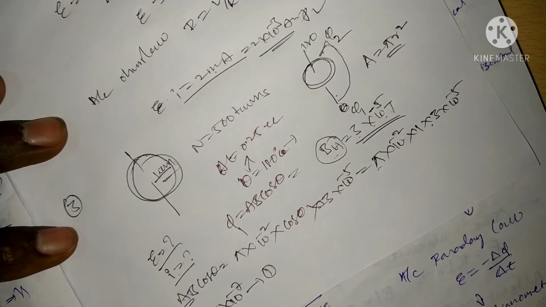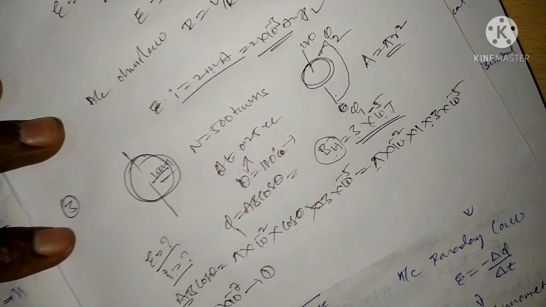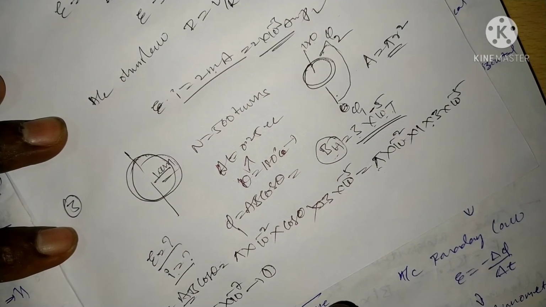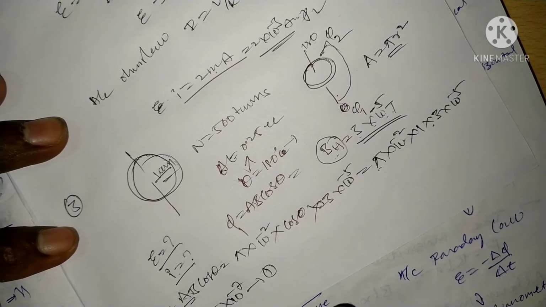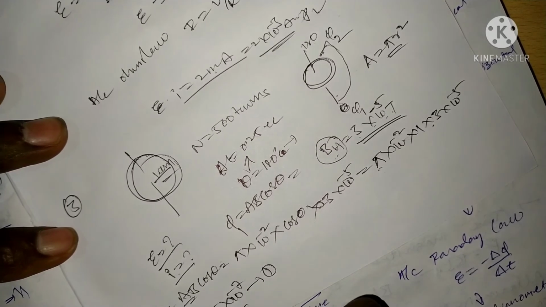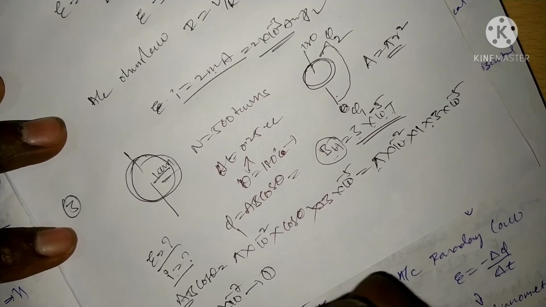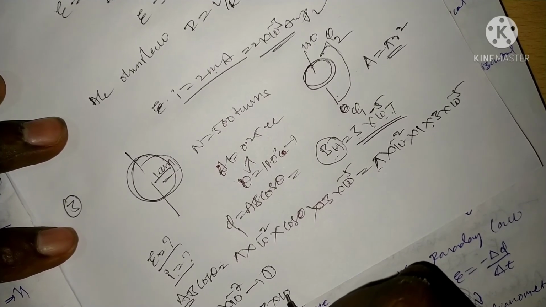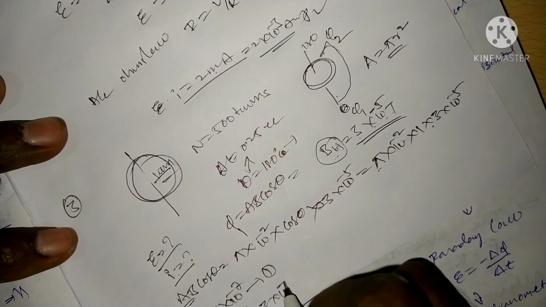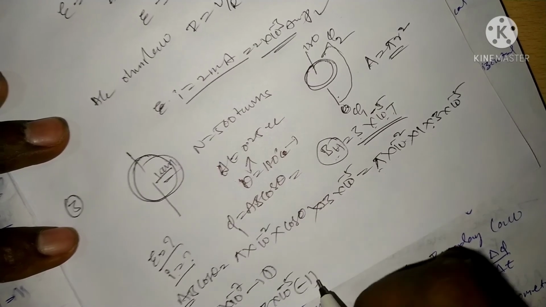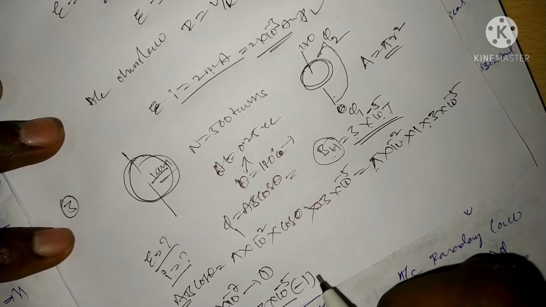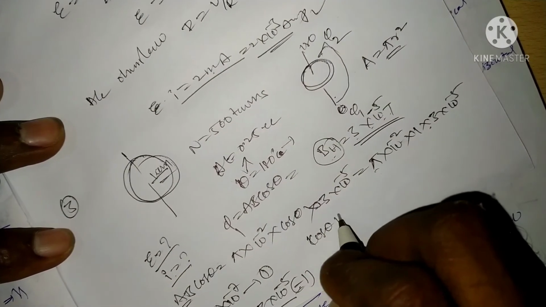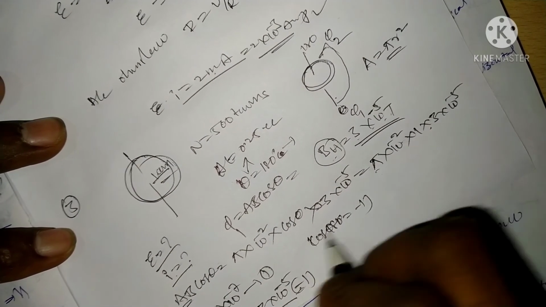Next, what is the final Φ2? Φ2 is equal to AB cos θ, only changing the angle. A means π × 10^-2, πr², and the B value is 3 × 10^-5. It is 180 degrees, and cos 180 degrees is equal to minus 1.